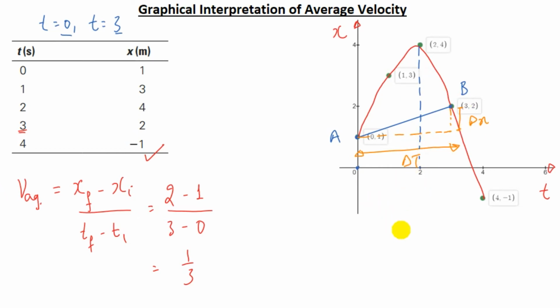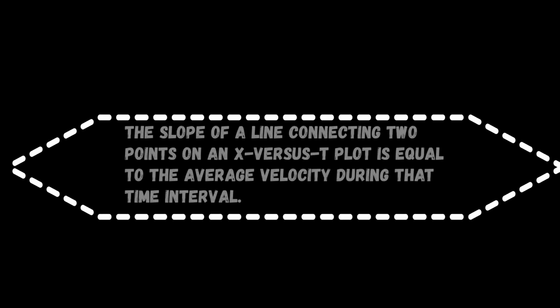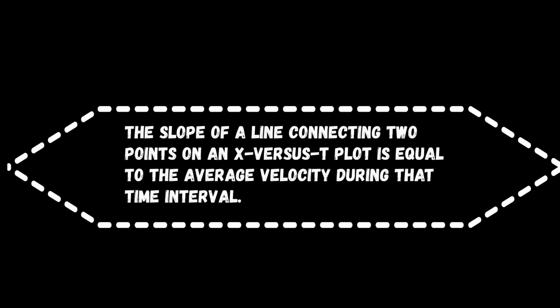Now from this graph we can write that the ratio delta x over delta t is nothing but the slope that we studied earlier in this video, and this delta x over delta t is nothing but the average velocity. So here's the thumb rule: the slope of a line connecting two points on an x versus t plot is equal to the average velocity during that time interval.